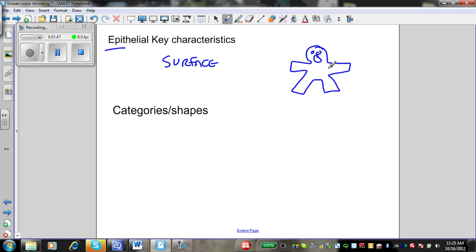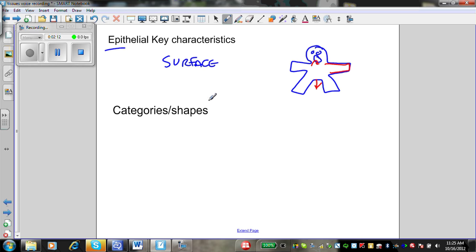The outside of you, so we're talking about the surface here, right? Hands, arms, things like that, but also the surface that literally goes all the way down through you and out the other side. So epithelial cells will be found on the surface of your entire body, the outside and the inside of you as well. So these are surface cells.